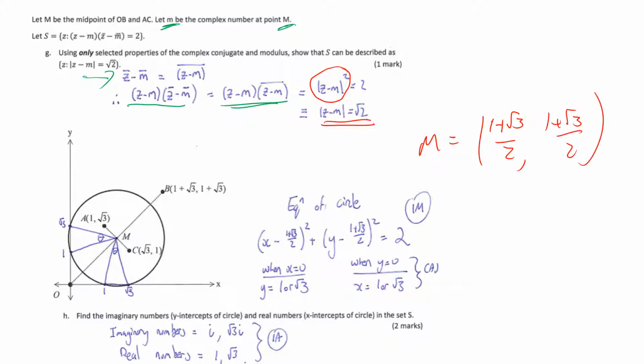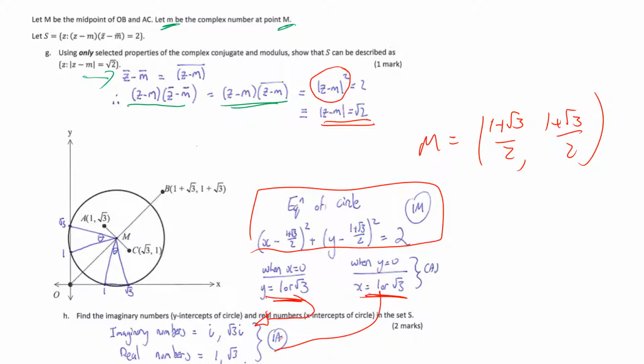So that was your M value, and we know we're talking about a circle of radius root 2 from that point, so we know it has that Cartesian expression, so that's what I was looking for. And then you've got use of your CAS, so you just let x equal 0 and solve for y, let y equal 0 and solve for x, and of course your y values refer to imaginary numbers and your x values refer to real numbers. Some of you gave them as coordinate pairs, and that was perfectly fine as well.